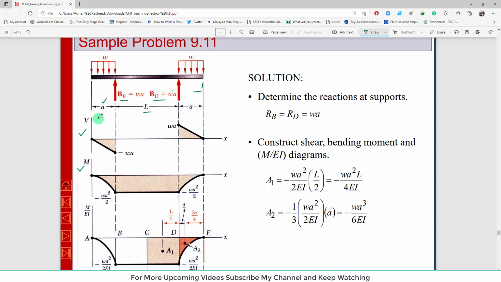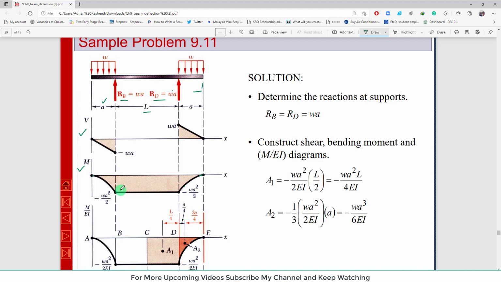You can also draw it, and now you must be able to understand how to draw the shear force and bending moment diagram that we have already discussed and explained in chapter number 5. Here it is not necessary to draw the shear force, only the bending moment diagram is required. So now you can see the bending moment diagram is like this, clear.